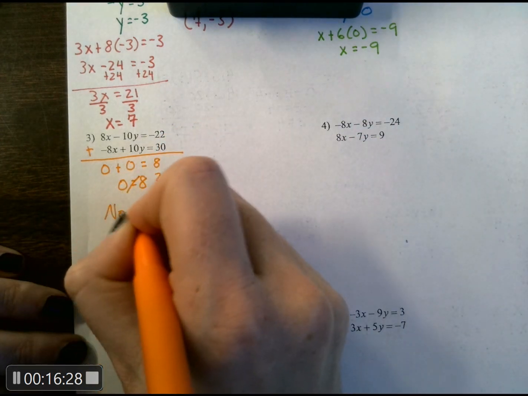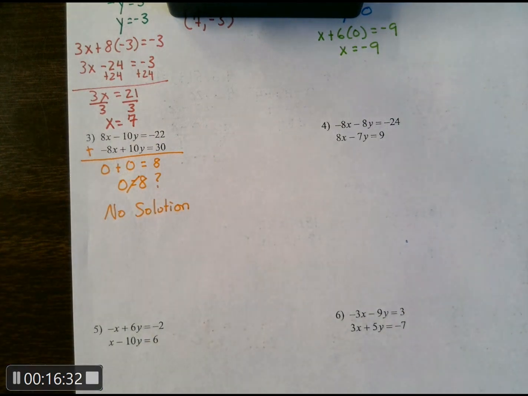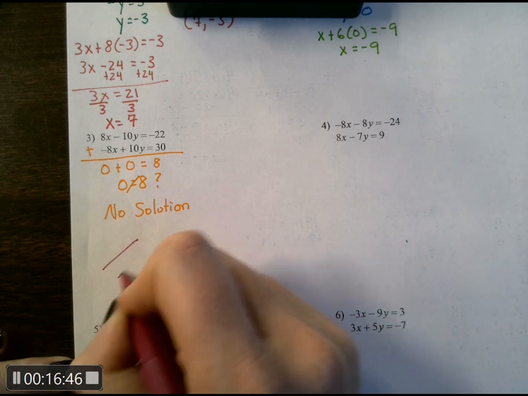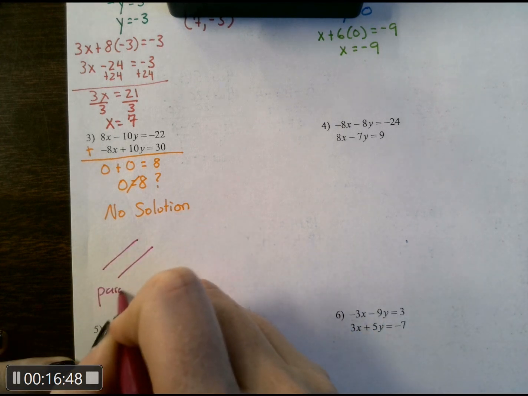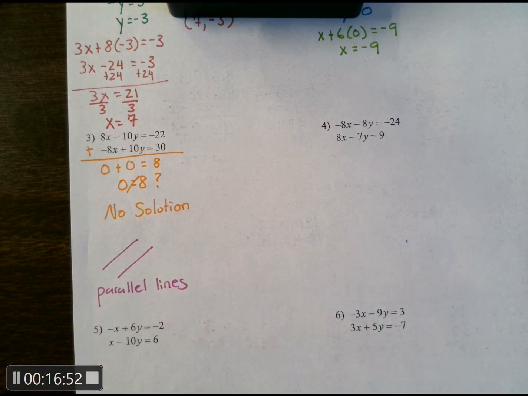So no solution. Okay, because 0 does not equal 8. So there's no solution. Because if you recall back when we were graphing, if we have no solution, that means that these two lines are parallel. Okay?